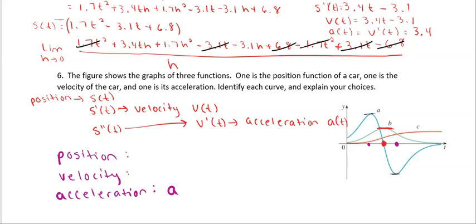Look, that worked. So if I were to take the derivative of B, I would get the 0 that I'm showing on A. So if B is velocity and I take its derivative, I get that 0. We're okay. By process of elimination, that makes it look like C is our position function.